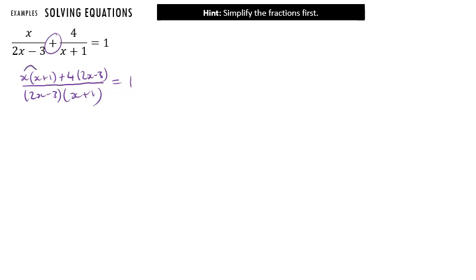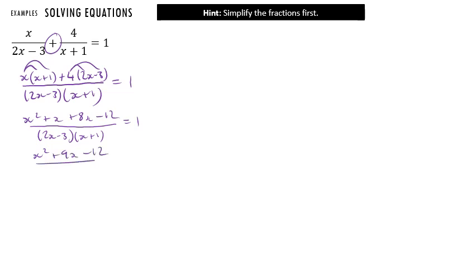We'll multiply out our brackets, and tidy up the numerator. Now, if we were just simplifying the fraction, we would leave it like we've got here in this step.